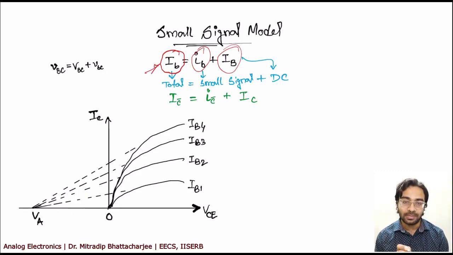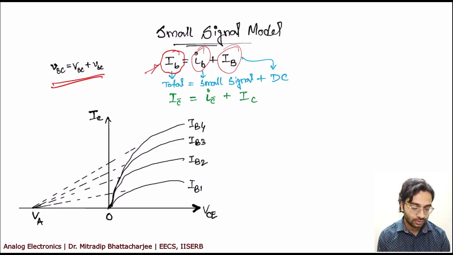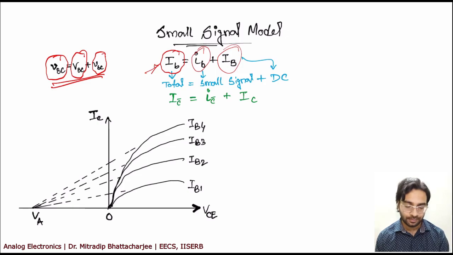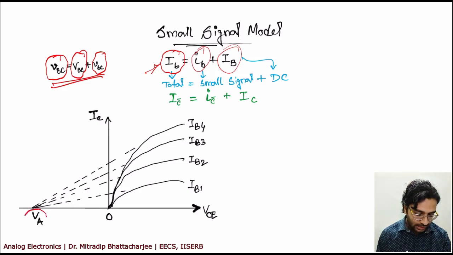Similar thing will happen for the voltage as well. So the total voltage is equal to your DC voltage plus your AC voltage. Same thing will happen in there also, and this VA is nothing but the early voltage.